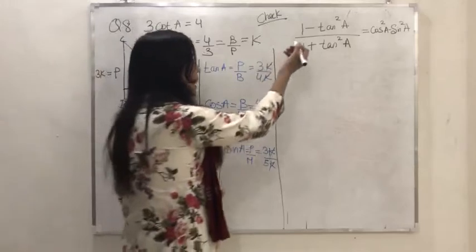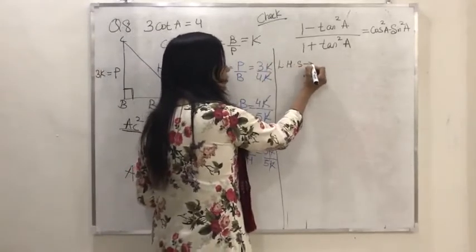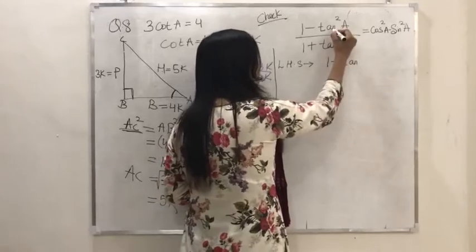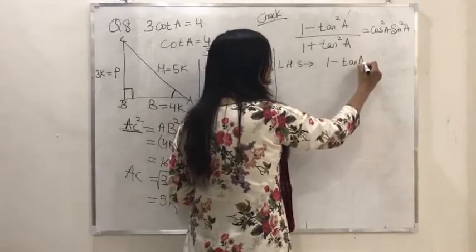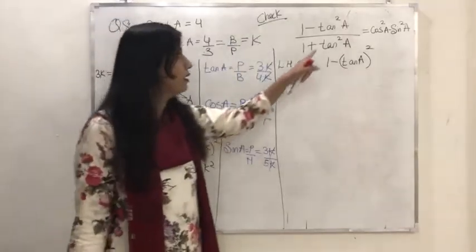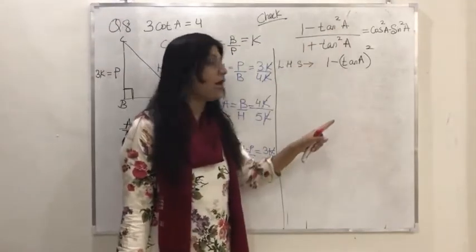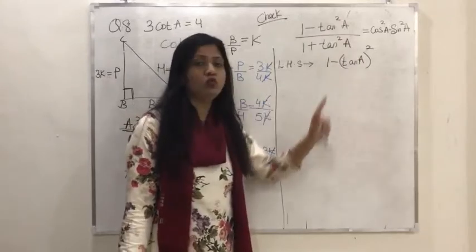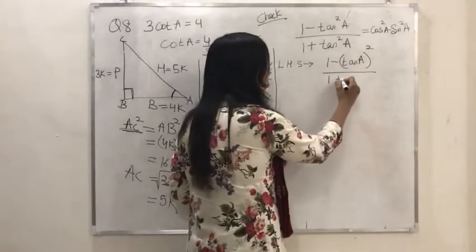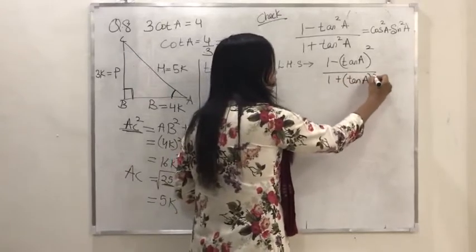So the LHS is 1 minus tan square A. I can write tan square A as tan A whole square. Okay, you have to remember this, that tan square A is same as tan A whole square upon 1 plus tan A whole square.